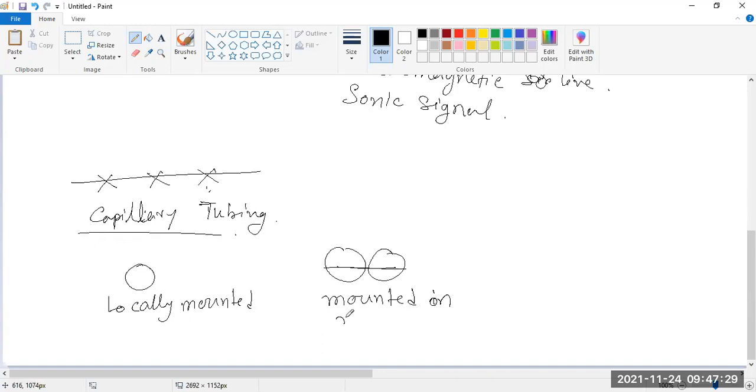If this type of symbol is there on any instrument, it is a solenoid. Whenever a solenoid valve is given, the symbol is a dotted line. Dotted line means the electrical line, and this is a contact, that is the solenoid.